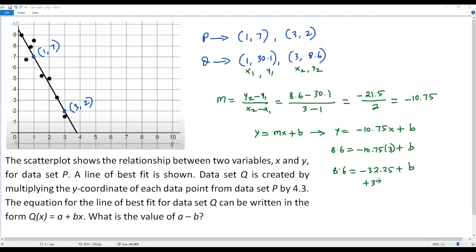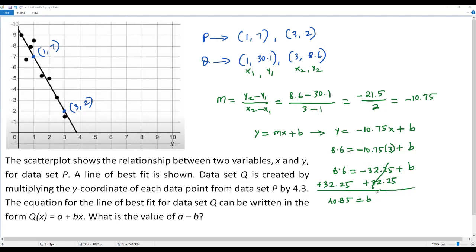Now let me add 32.25 to both sides of the equation. When I do so, the negative and positive values will cancel out. Now let me add 32.25 and 8.6. I'm getting 40.85 on the left side, equals b. Here I got the value of b.